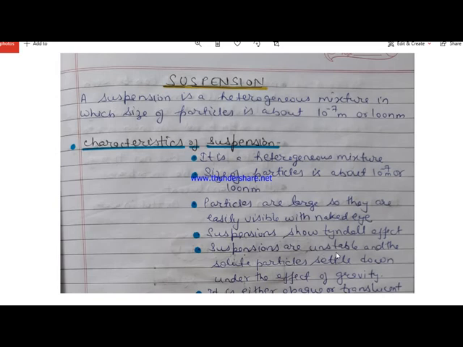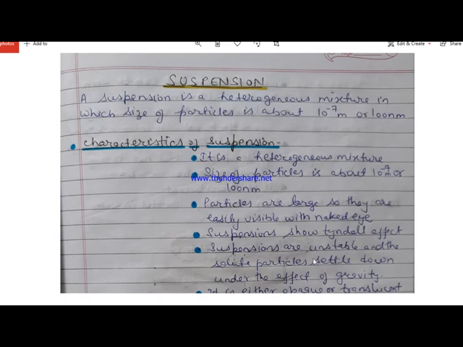Suspensions are unstable. Unstable means when we keep the suspension undisturbed for some time, all the solute particles settle down at the bottom of the container in which we have kept the suspension. Because the particles are big in size, under the effect of gravity they easily settle down.